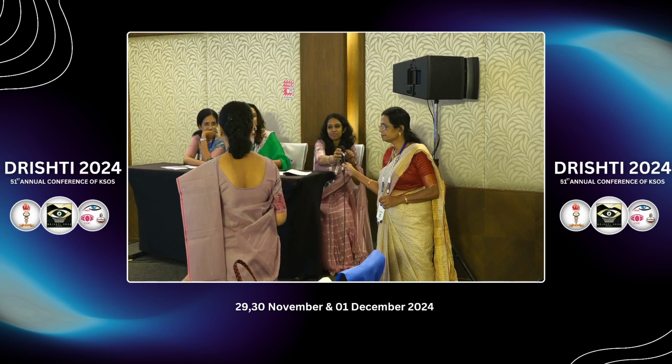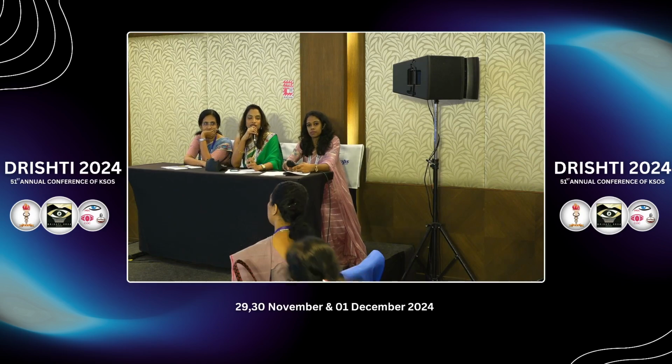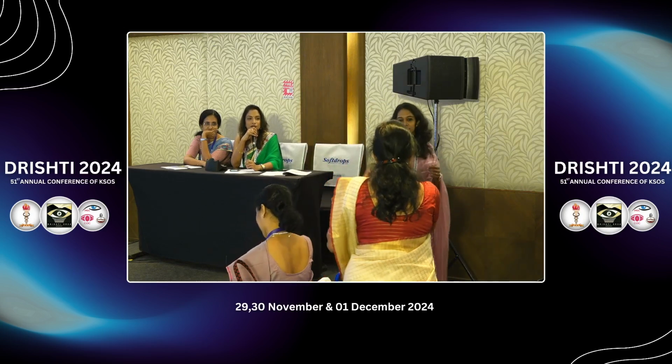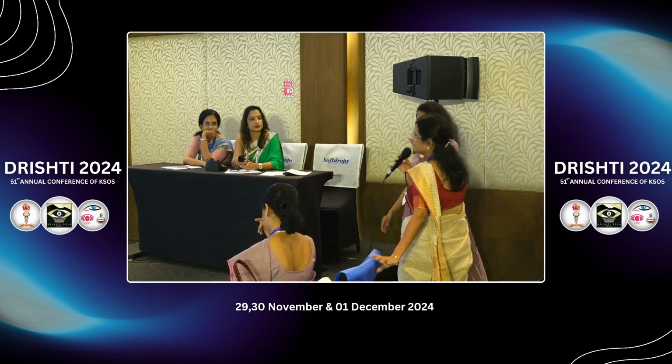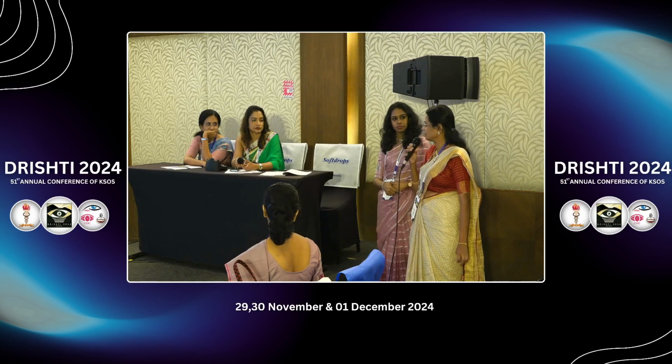My question to the speakers, Mariam ma'am and Ali ma'am: how much do you rely on the acetylcholine receptor antibody assay in myasthenia, or do you rely on neostigmine? That is just to predict if the patient gets a systemic myasthenia or not.